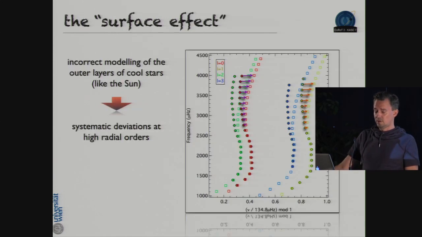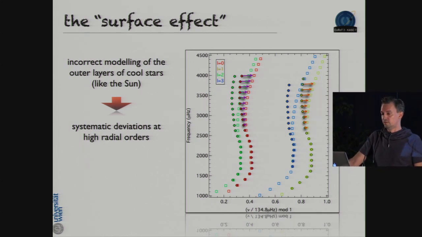So let's now concentrate on this, what we call the surface effect. As I said, due to the incorrect modeling of the outer layers of your models, you get systematic deviations between the frequencies that you actually compute and where they should be.